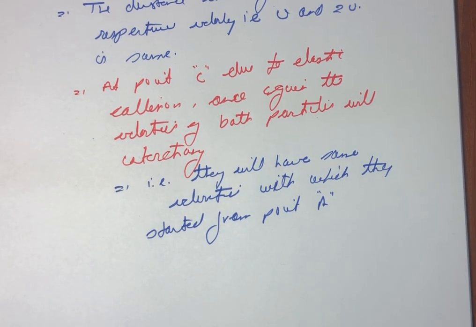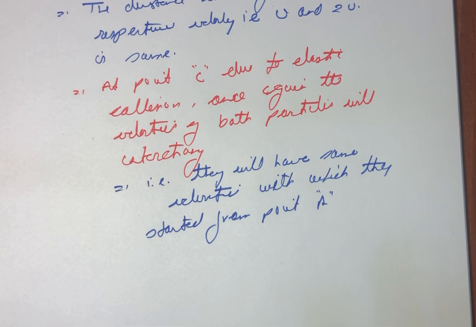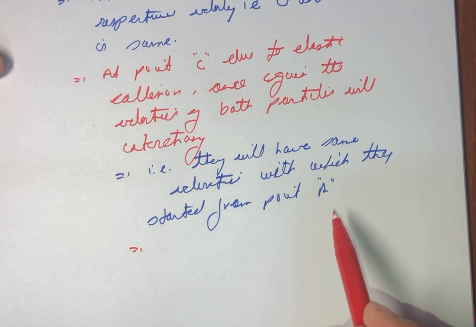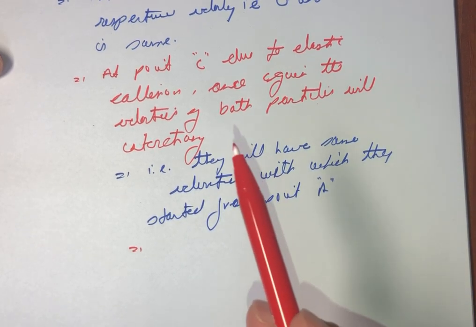So once again they have the same velocity with which they started from point A. Or we can say that they have the same velocity, so the distance covered by them will be the same as they covered in time t1.